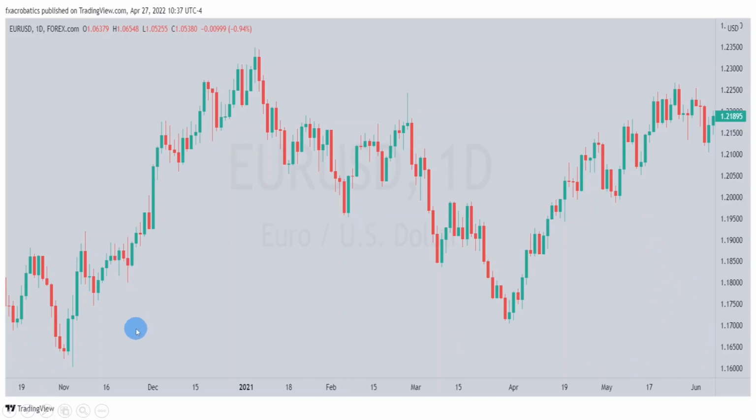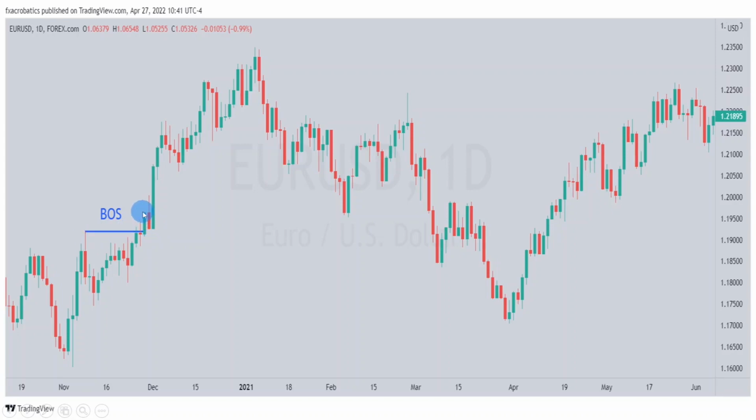All right, this is a swing high right here. So the market goes, and when this green candle, this bullish candle closes, it has to close above the swing high. It's the first candle that closes above the swing high. That's a breakup structure.